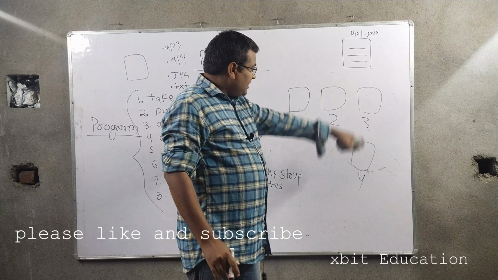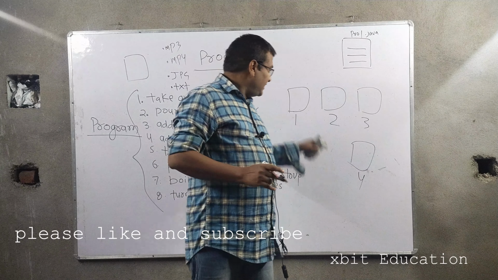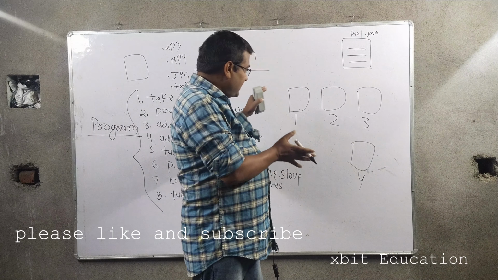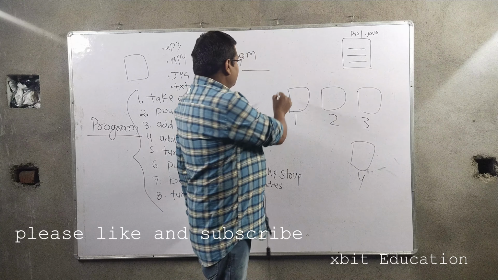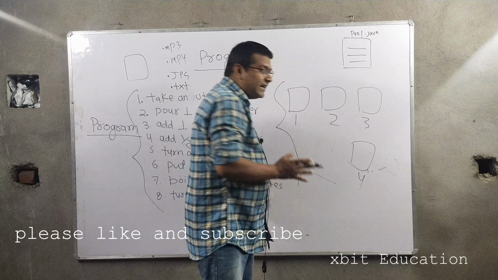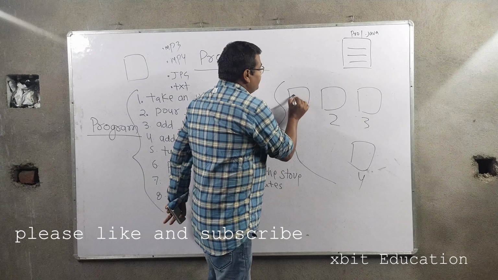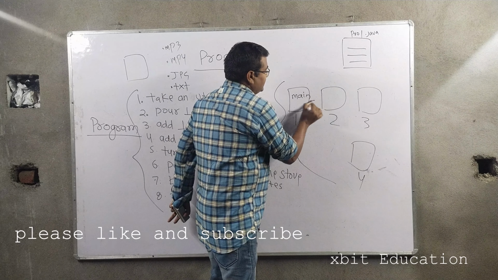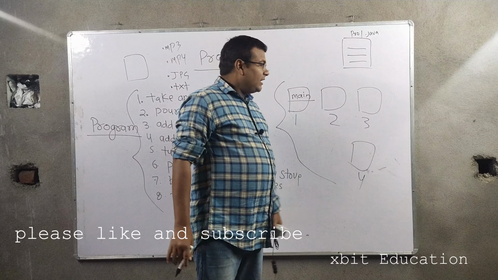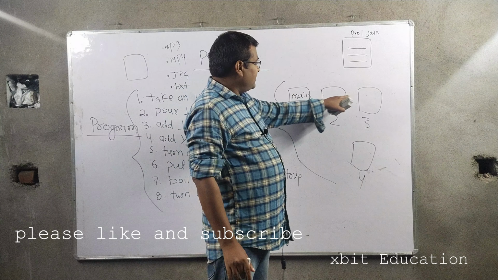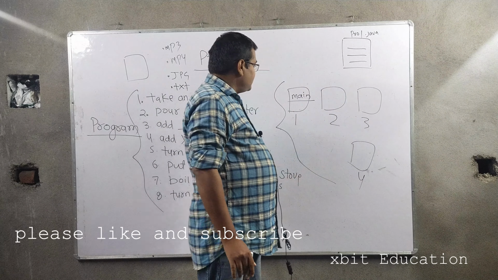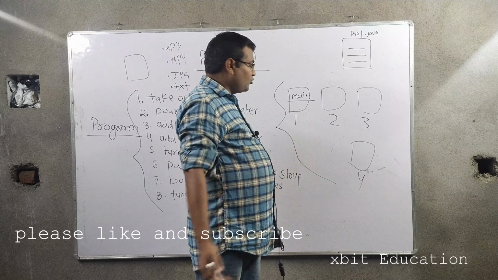But in these programs, there are groups of commands that are related to the same software, so there is a main program in it, and the others are supporting programs.